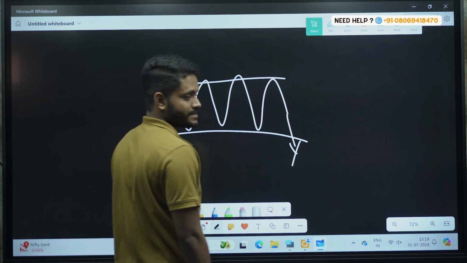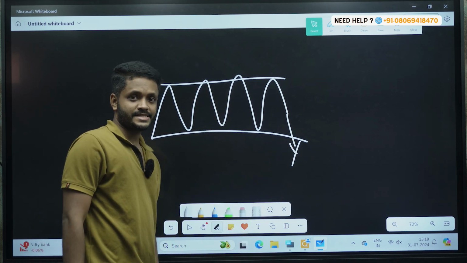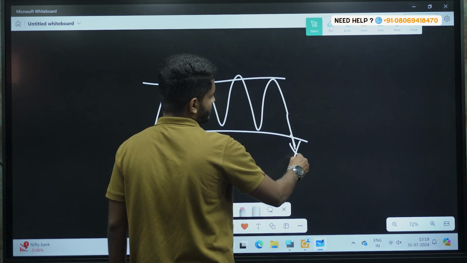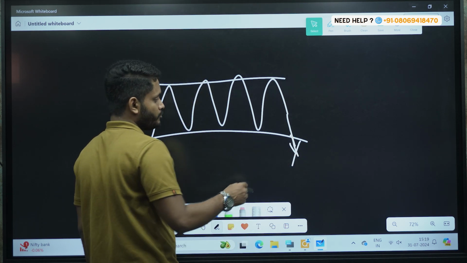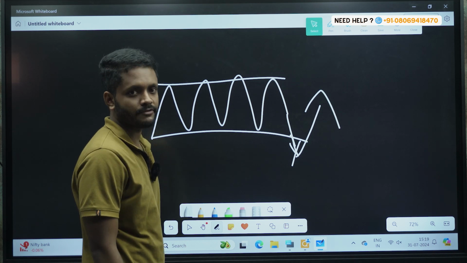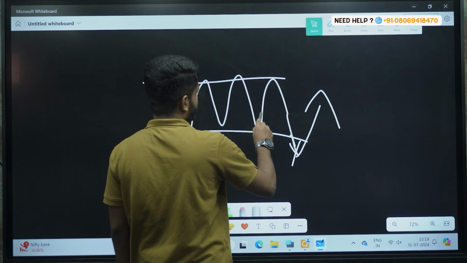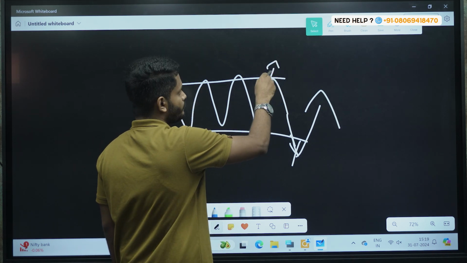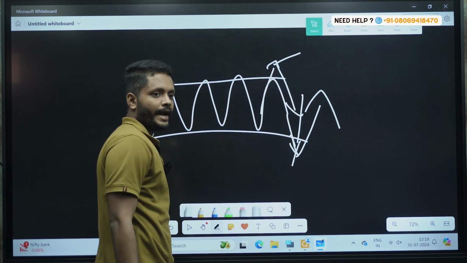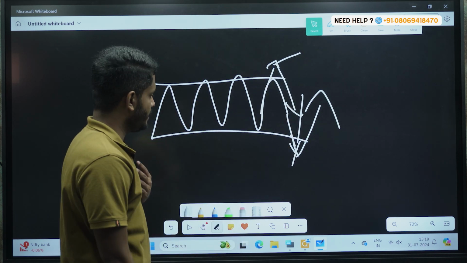Now the question arises whether this breakdown will sustain or not, because usually whenever we take a short position on a breakdown, immediately the stock rises and hits our SL. Similarly, whenever a stock gives a breakout, we take a bullish trade, and the stock immediately comes downside and triggers our stop loss.